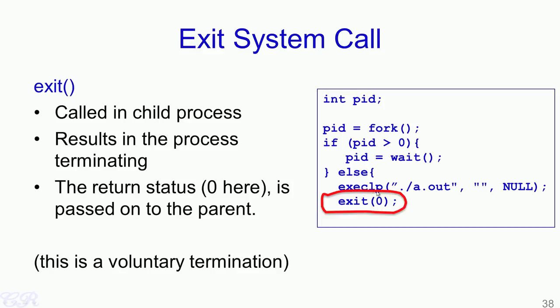So, this exit is invoked in the child process, and the parameter 0 is a status which is passed on to the parent process. This particular way of terminating a process is known as a voluntary termination.